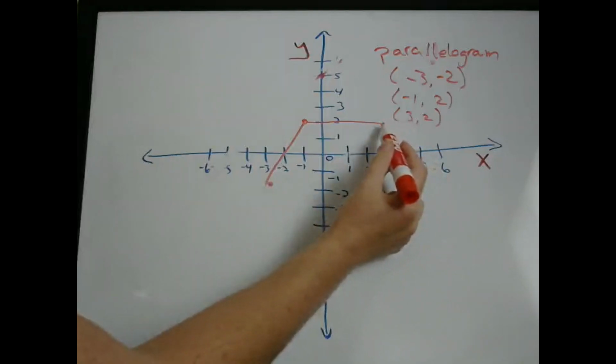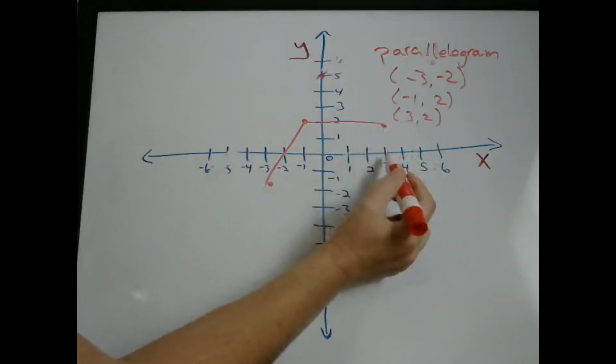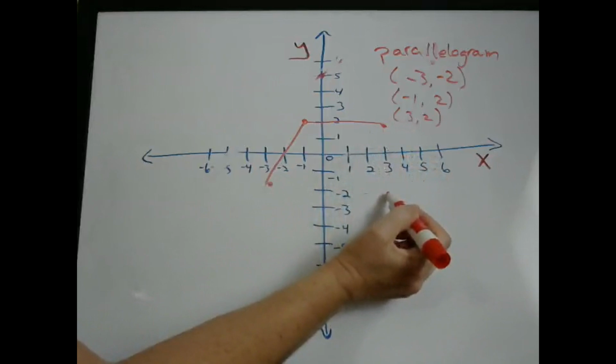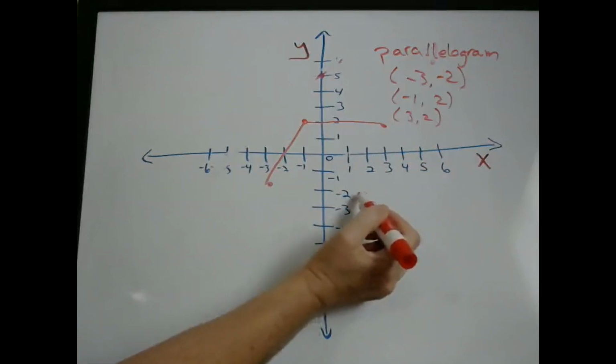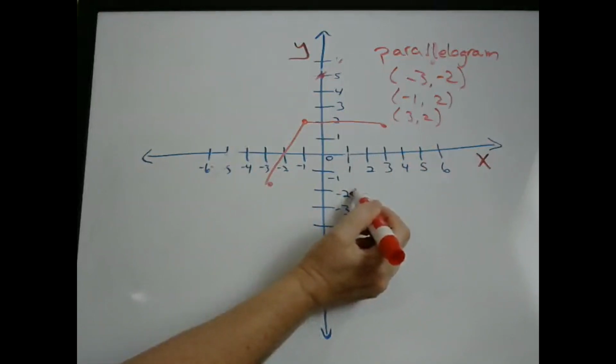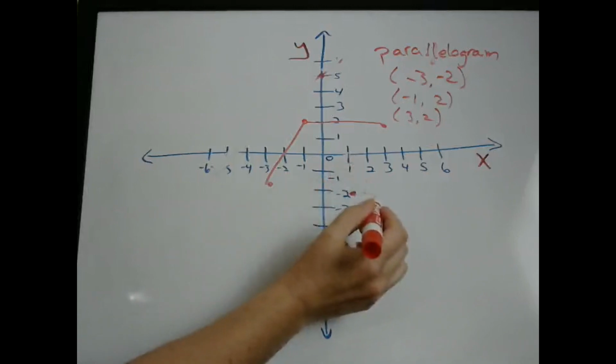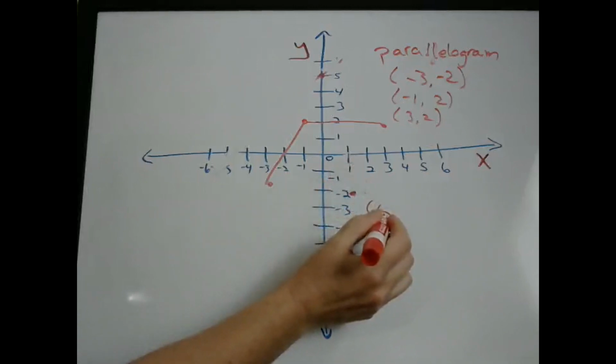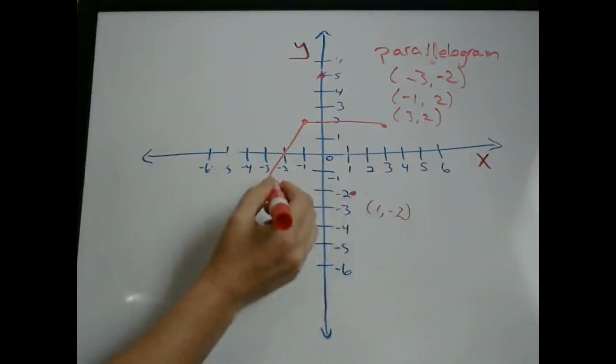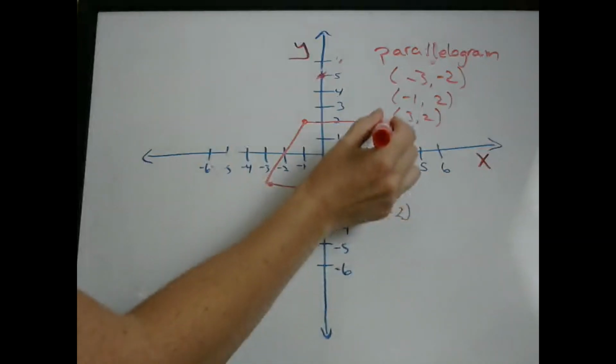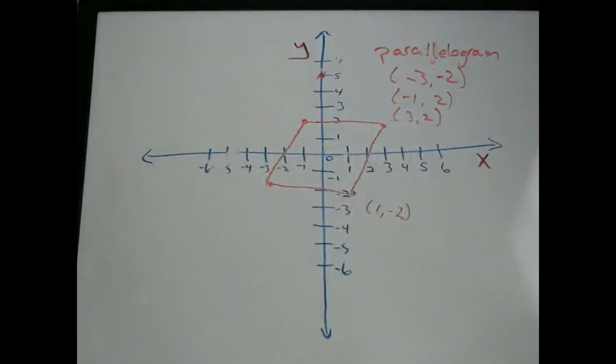So we're going to do that the same here. 1, 2, 3, 4, and then to the left 2. 1, 2. Which is going to put us at 1, -2. And when you connect them, if it was drawn more precisely, you could see that it's a parallelogram.